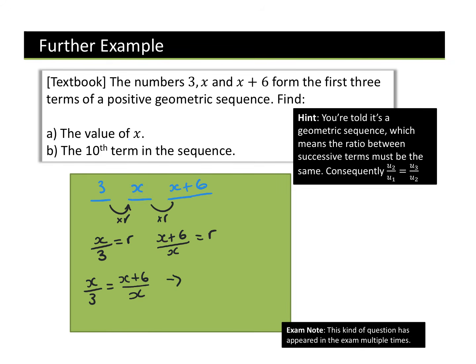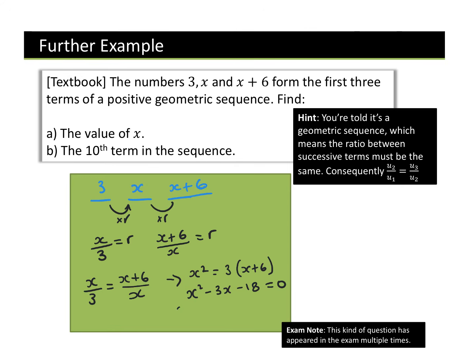That means if I multiply both sides, x squared equals 3 lots of x plus 6. x squared minus 3x minus 18 equals 0.